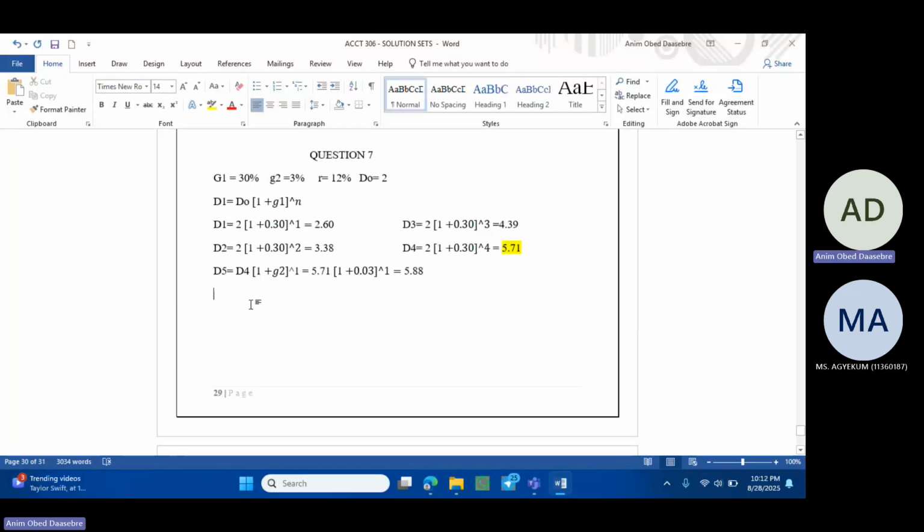So doing that, find the terminal value. Terminal value is the price at year 4, at D4.